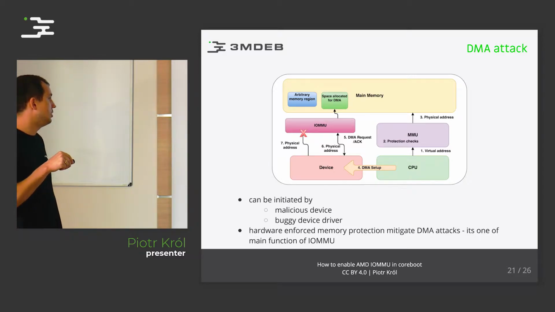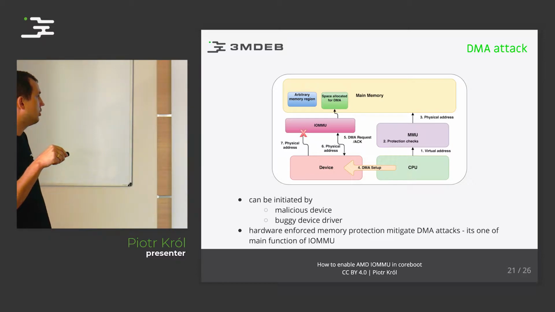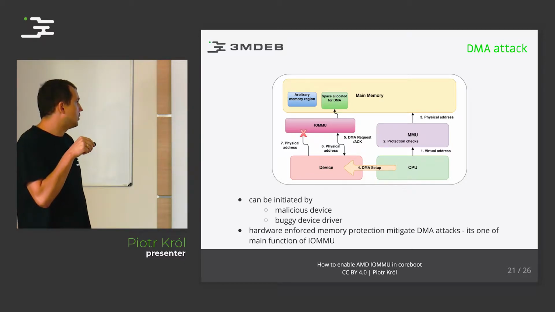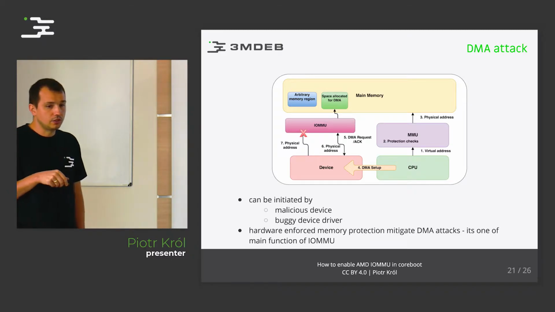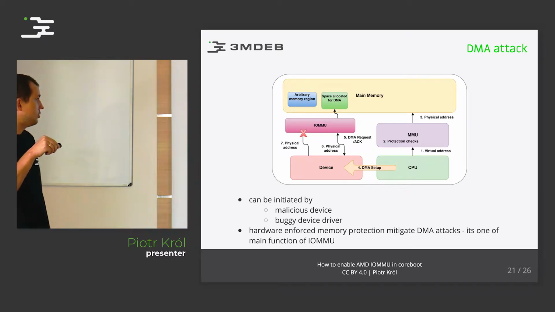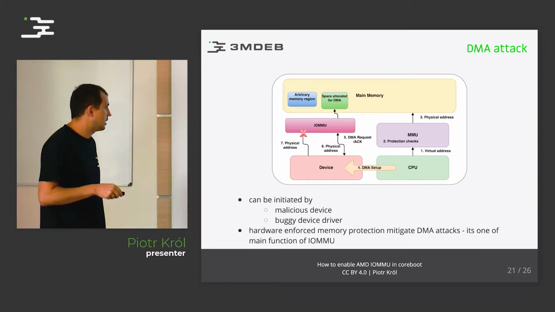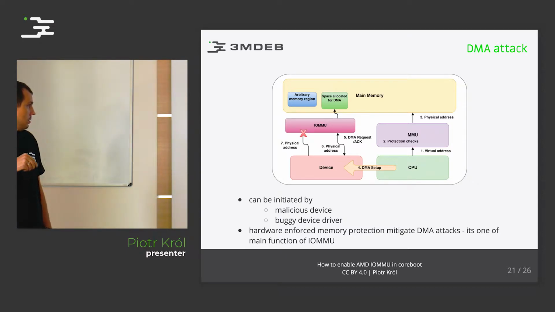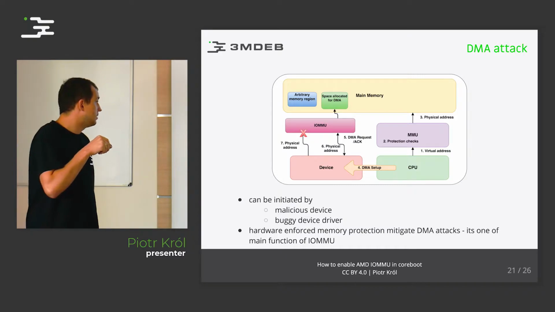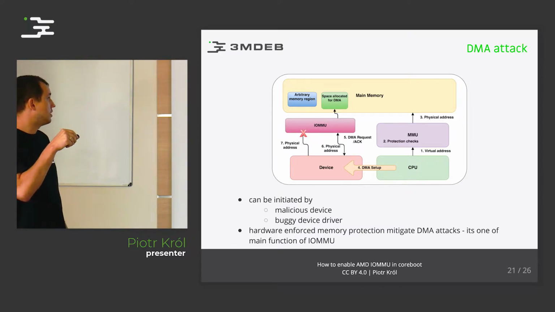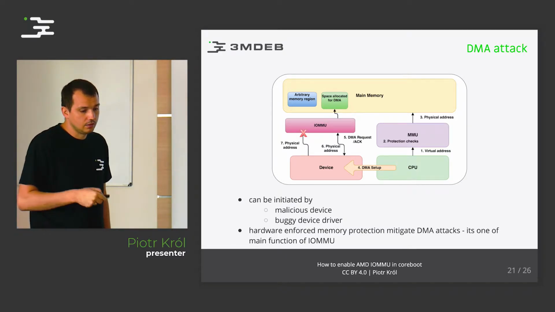And of course there can also be a buggy device driver that just does incorrect work here and configures device in incorrect way so it accesses memory that it should not. And of course returns that address through memory to the process. So that can be dangerous. So hardware enforced memory protection mitigates DMA attacks, and this requires IOMMU as a hardware component.